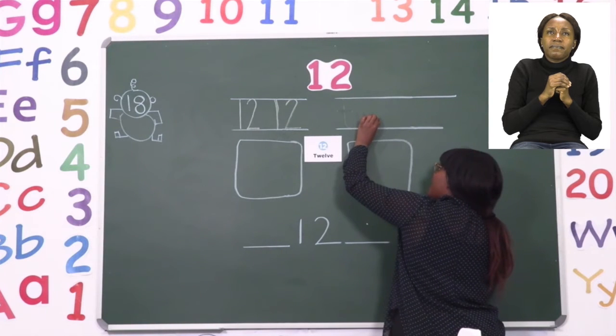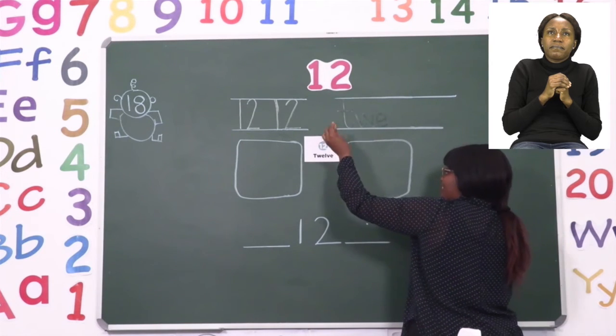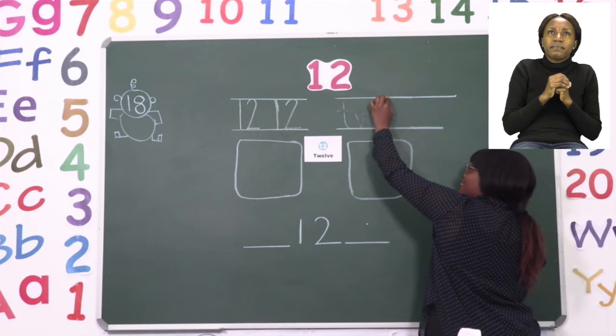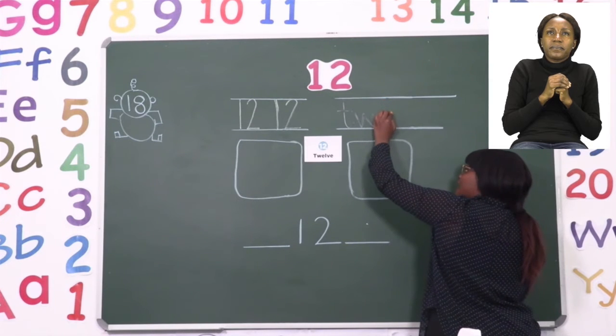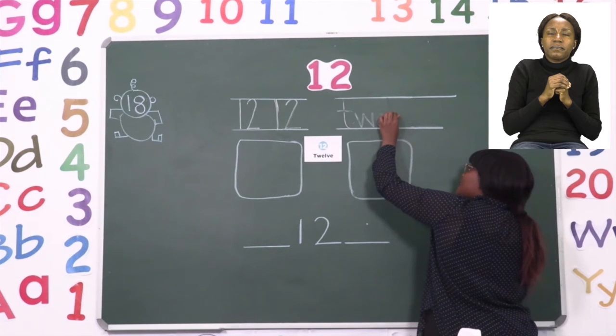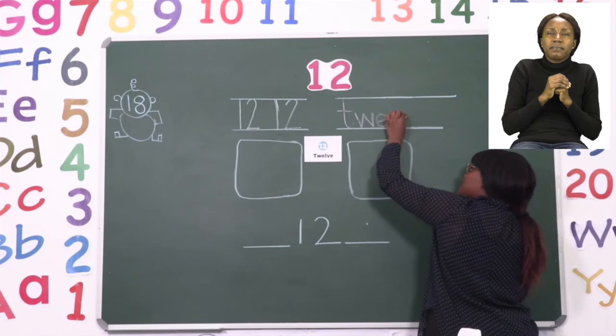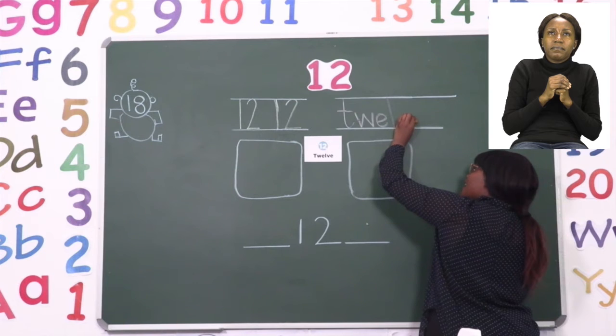Now we have an E. So round and flick. Very good. And then we have an O. So we need to go down from the top line to the bottom line. Then we have a V. Very good, everyone. And last but not least, we have another E. Round. Well done.